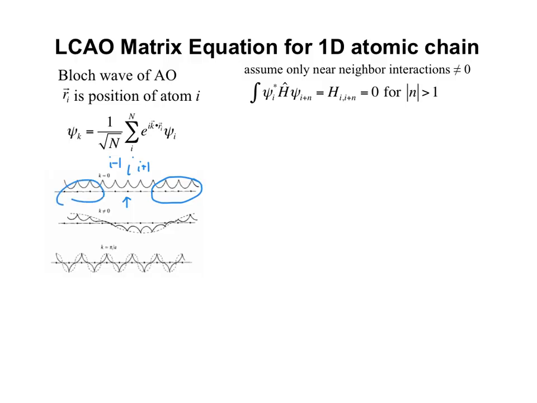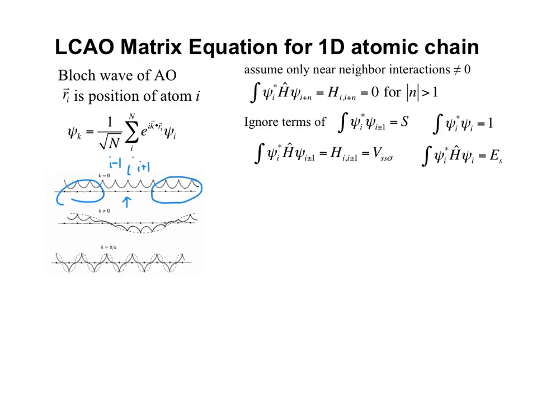So for example, the Hamiltonian operator between two neighboring atoms, H_ij, is non-zero, whereas it will be equal to 0 for all atoms further than one atom away. For simplicity here, we will even ignore the overlap integral S between neighboring atoms.